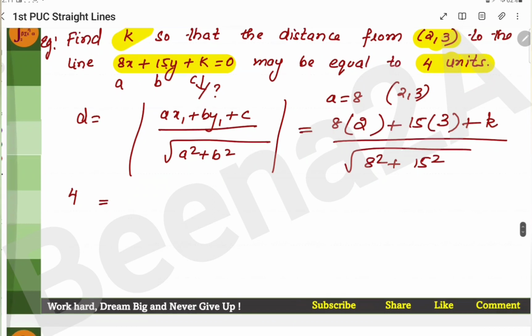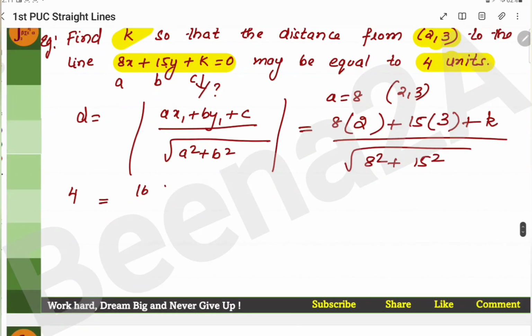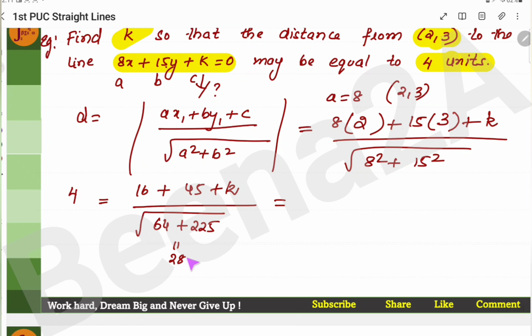So this is 4. So we'll get 16 plus 45 plus k, divided by the root of 64 plus 225, which is 289. Square root of 289 is 17.